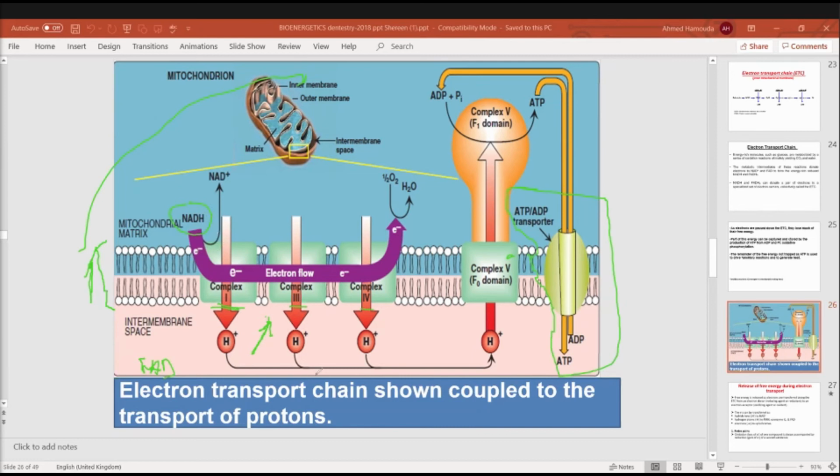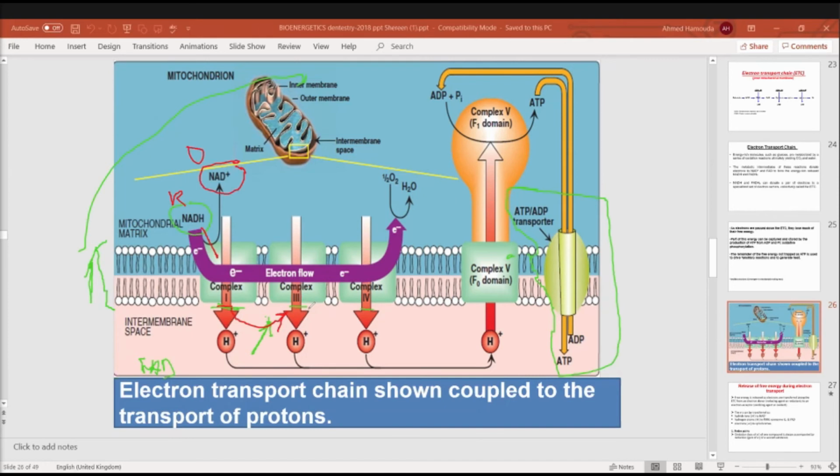When NAD gives its electrons, it becomes oxidized. Now the electron is captured by complex 1, which gives it to complex 3, and we will see what carrier.